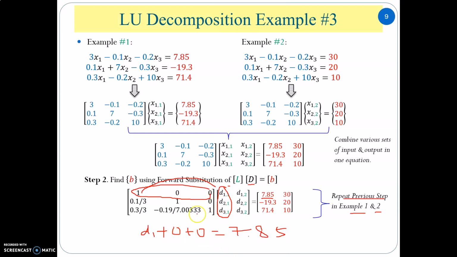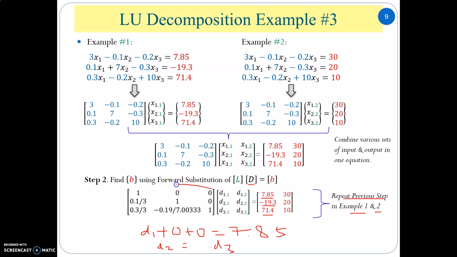With that, you can continue for the second row with this column to obtain this answer. Then you can find your D2, and then take the third row, multiply with this column equal to 71.4, then you can find the D3. So D1, D2, D3 at the first column here can be found by using this.